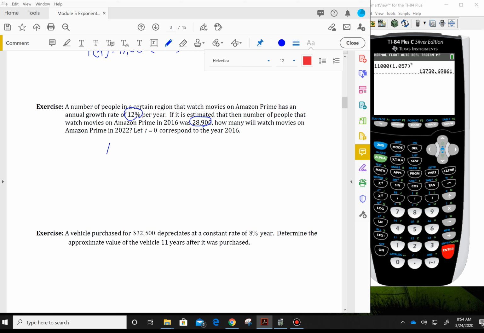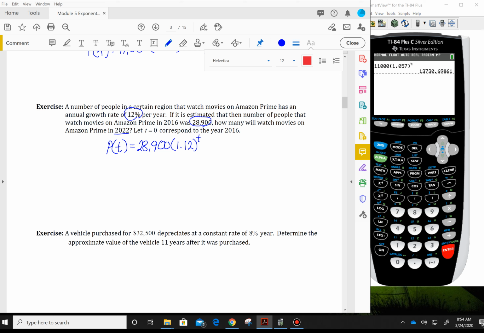Here, our exponential growth function would look like p of t equals our starting amount, the 28,900, times our growth multiplier, which I'm going to write as 1.12 raised to the t. We're asked to find out how many are watching Amazon Prime in 2022.